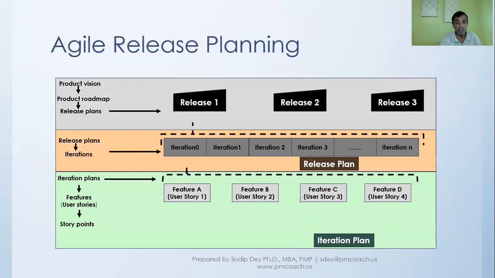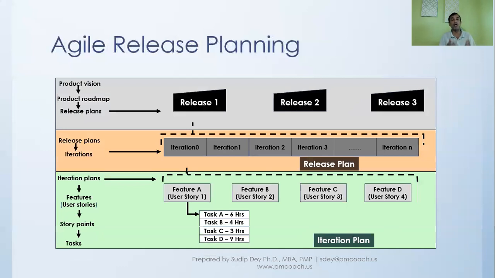And for each feature we will have detailed user stories, which tell us what tasks need to be done. So for example, in feature A, user story 1 might have task A as 6 hours, task B as 4 hours, task C 3 hours, task D 9 hours.